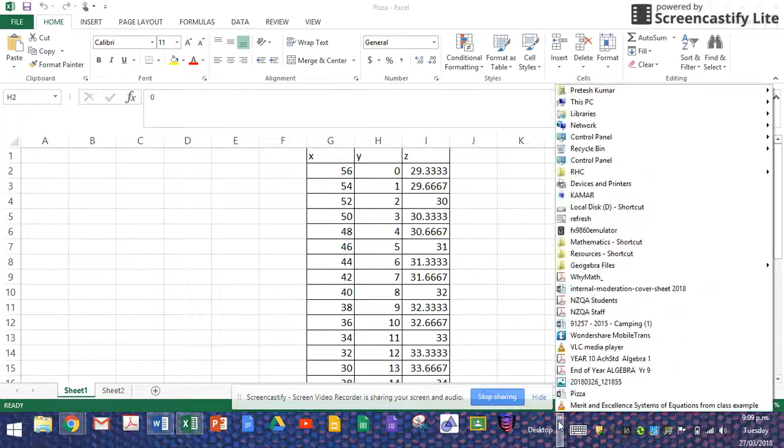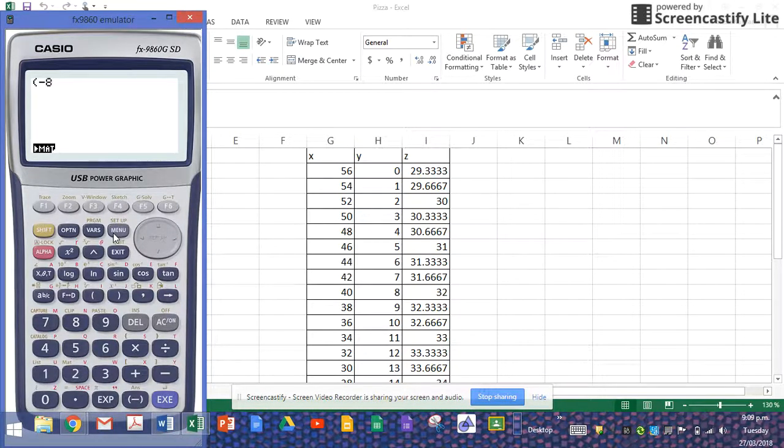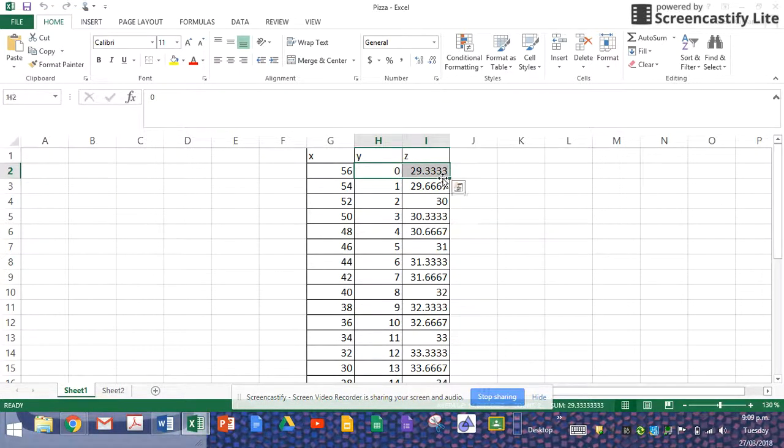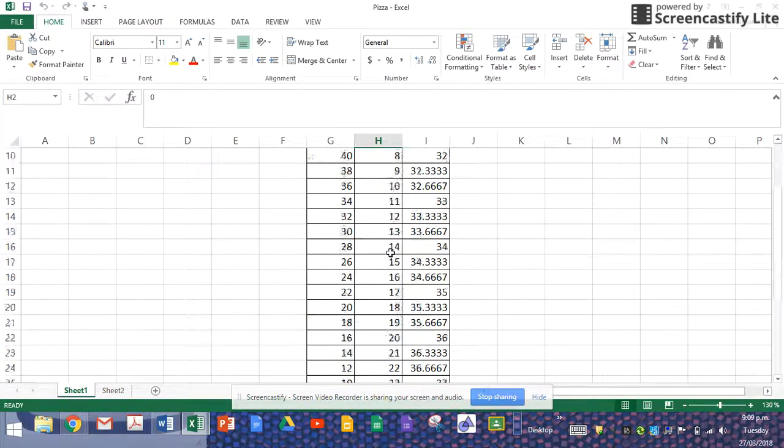So if I bring up my calculator very quickly, bracket negative 88, take away 0, because that's my Y value here, and I'll divide the whole thing by negative 3. Ta-da! I got 29.33. Then I quickly change the 0 to 1. I get the next number. Then I'll change the 1 to 2, which is the next Y, and so on. Okay, I'll change that to 3. So I'll get those values. Microsoft Excel has done that for me, and I'll just click to drag down, and I got all the possible values of Z provided Y is that value.